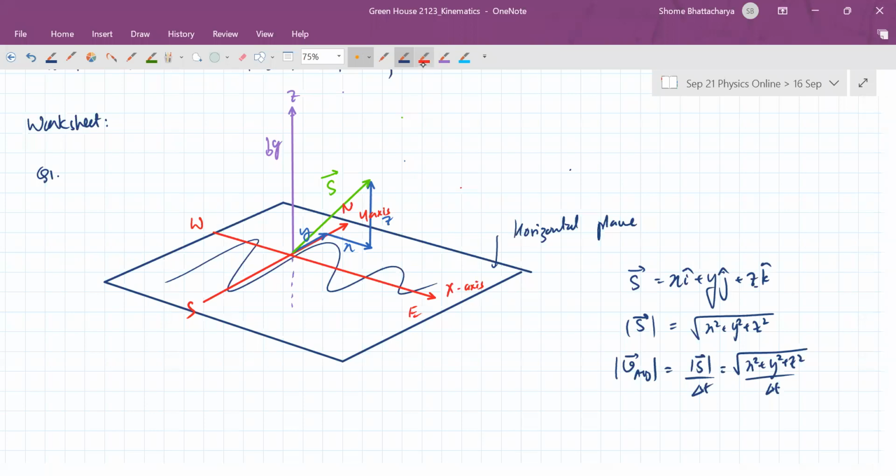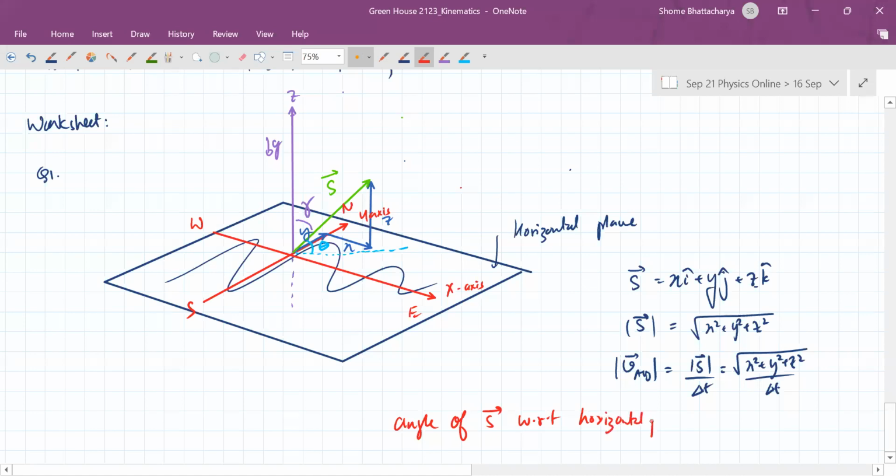Now the second part, you have to find the angle it makes with the horizontal plane. This vector is making some angle with the horizontal plane. Let's say that is theta. An easy way to calculate theta: let's say the angle it's making with the z axis is gamma. So the angle of the net displacement with respect to the horizontal plane, which is basically my xy plane, suppose that is theta.